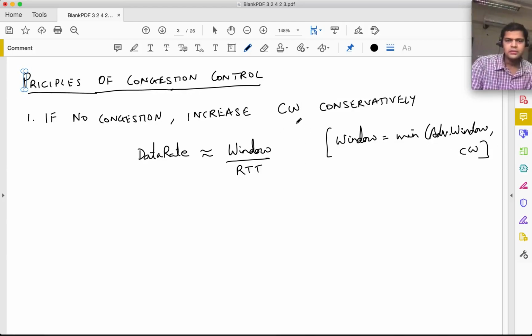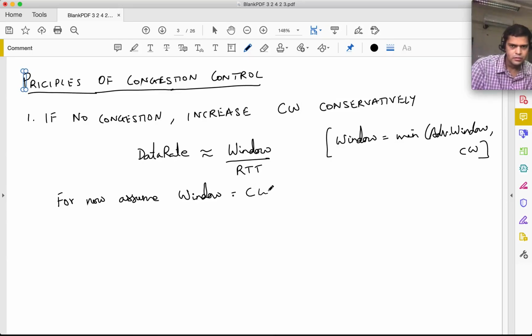So for now we will assume that the window is equal to the congestion window. Let's assume that the advertised window is large. Okay. So we are assuming that there is no need for flow control right now, that the receiver has a lot of resources.